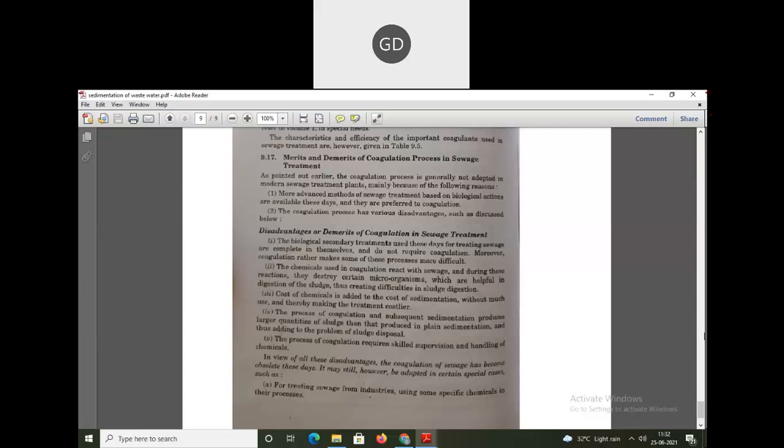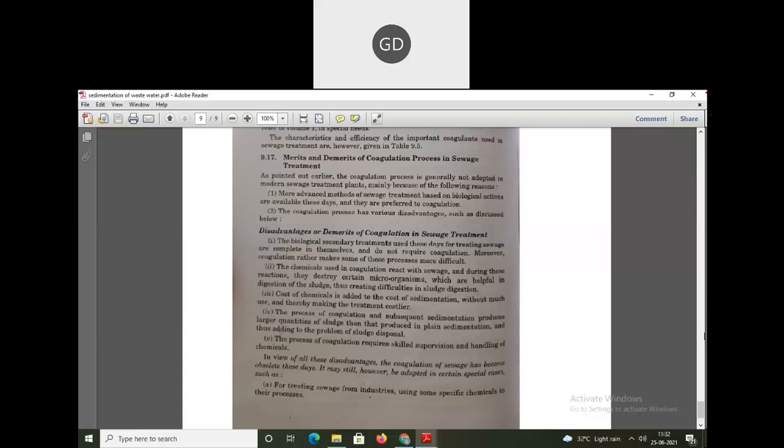This process of coagulation and sedimentation produces a very large quantity of sludge. If coagulation is not added, the quantity of sludge produced will be much less than what is produced with the coagulants in the wastewater. So it will be a problem when you dispose of this sludge.